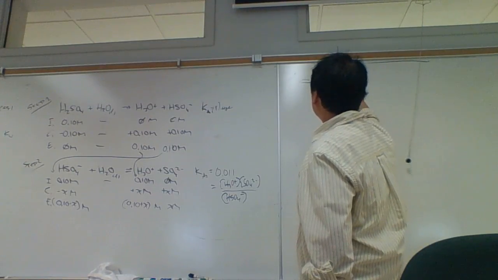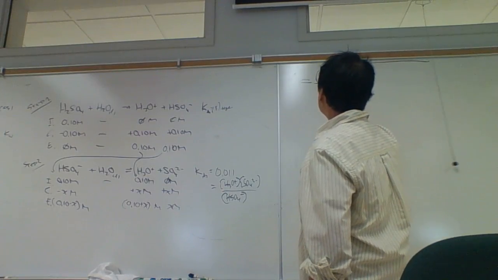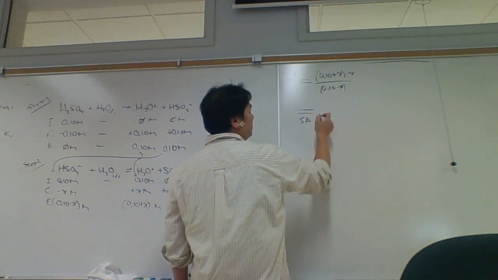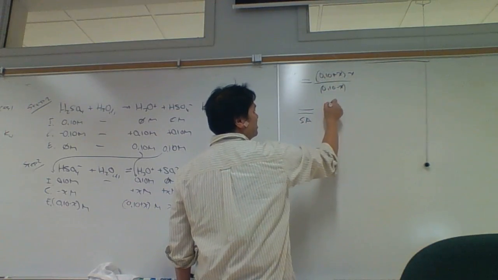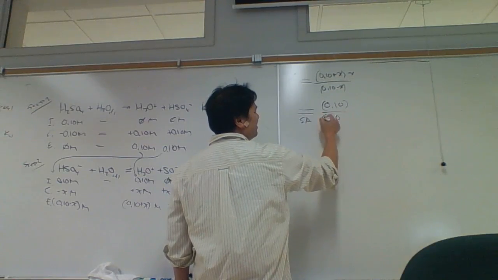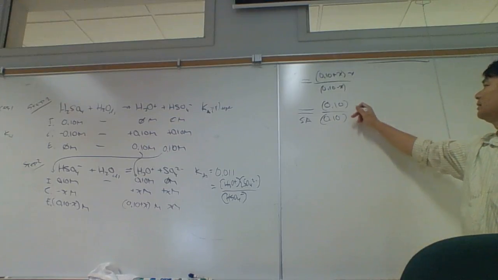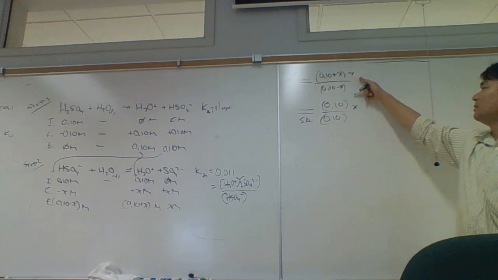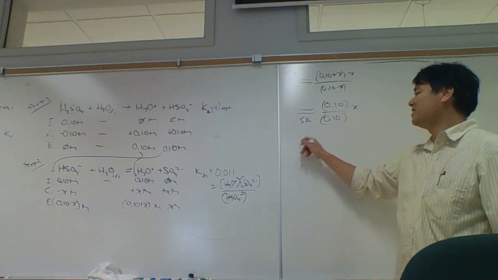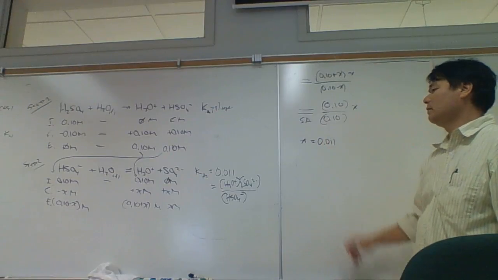So let's try the simplifying assumption. That means 0.10 plus x is just going to be 0.10, and 0.10 minus x will be 0.10. If we add a drop or lose a drop of water, it doesn't really change anything here. However, x, we can't drop that because that's significant compared to 0. And so in other words, x is equal to Ka2, and so that's going to be 0.011.